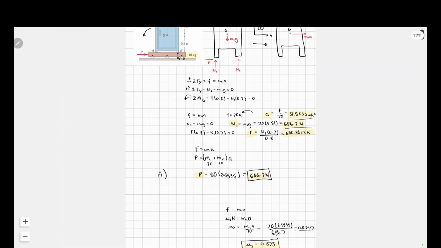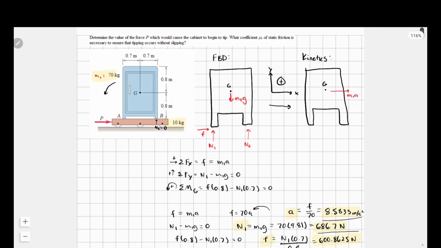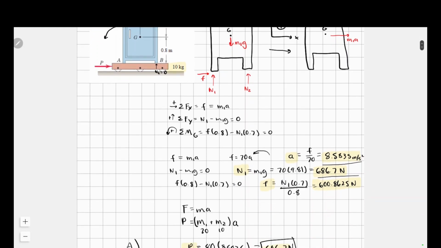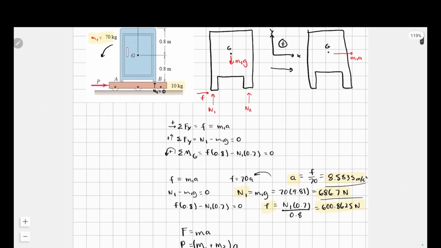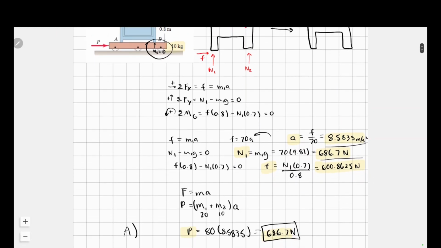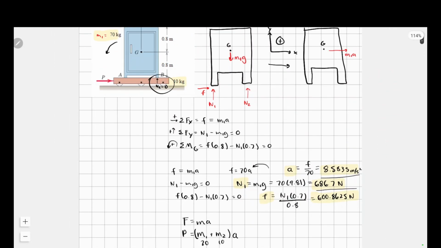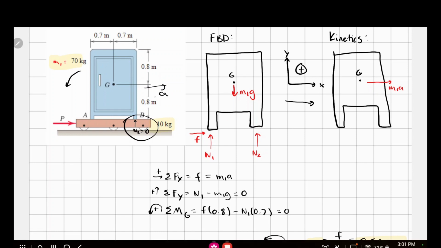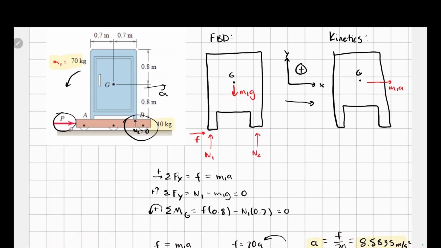And yeah, that's pretty much it. Let's walk through what we did again. Of course we determined our free body diagram, kinetics diagram, and then our summation of forces and moments. We had to dig in deeper and figure out that N2 was equal to 0 in order to find our unknowns. With our unknowns, we found that for this cabinet to tip, it had to experience a certain acceleration, and that acceleration would be caused by this force, but that force was applied to the entire system, not just to the cabinet.